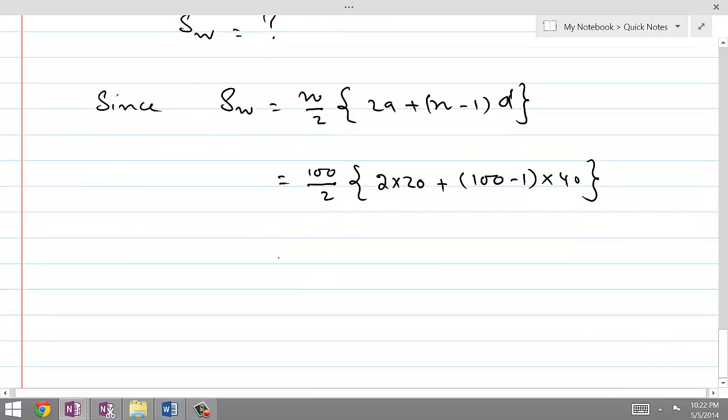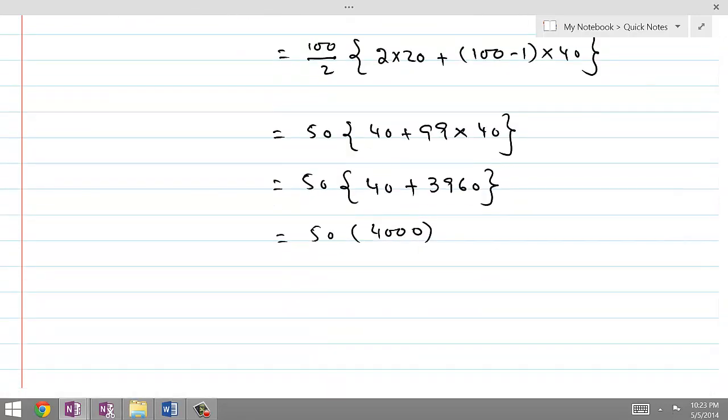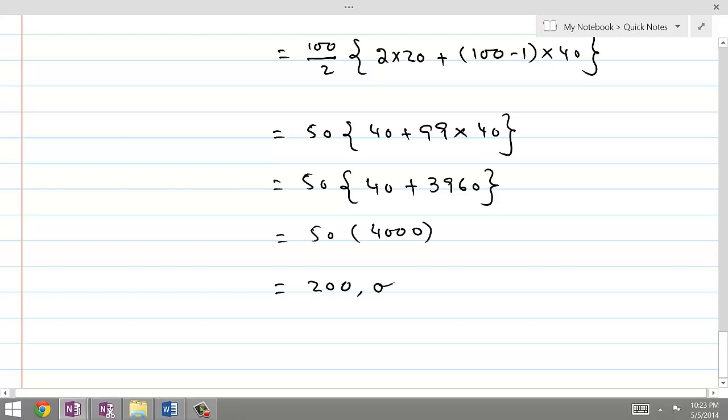Now if we perform the necessary operations, this would give us 40 plus 99 times 40, which is 3960, and the bracket becomes 4000, and 4000 times 50 gives 200,000.